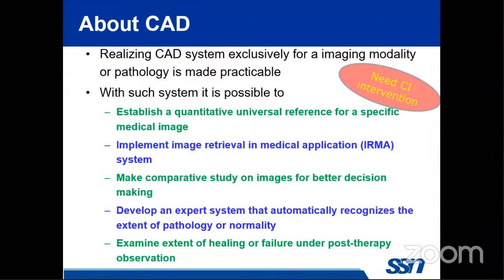So for all these purposes computer-aided diagnosis was developed, but if you consider one particular algorithm or methodology which you read from a particular literature, then it is not going to be a benchmark, or a universal reference, right? We cannot take it up like that.